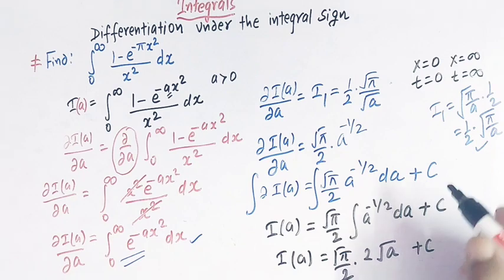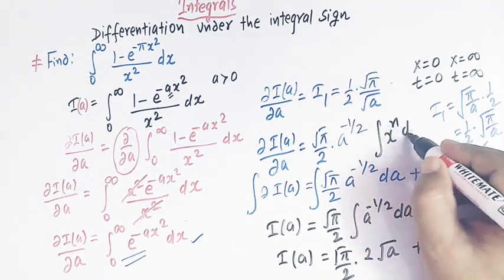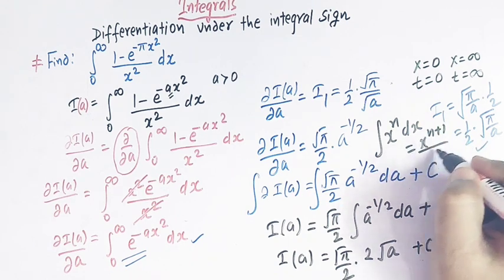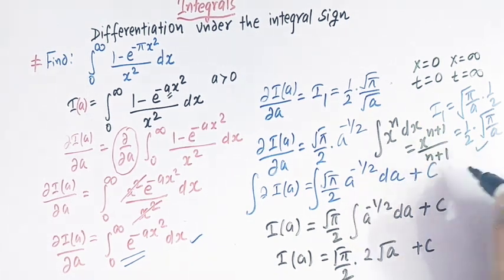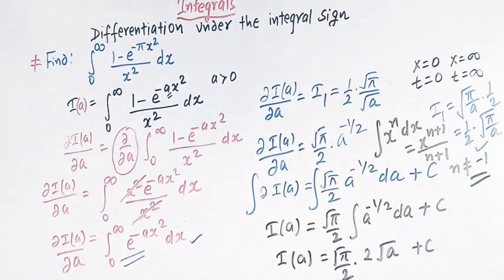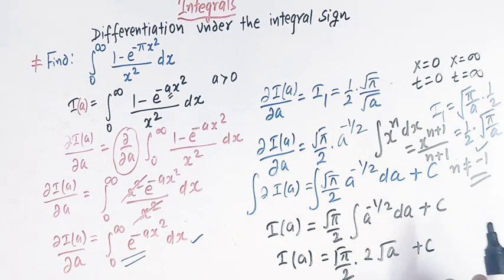Because here we have used this result, that is the integral of x raised to n dx is x raised to n plus 1 divided by n plus 1, provided n is not equal to minus 1, right? So here the value of n is minus half, right?